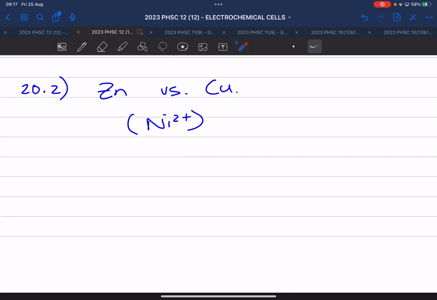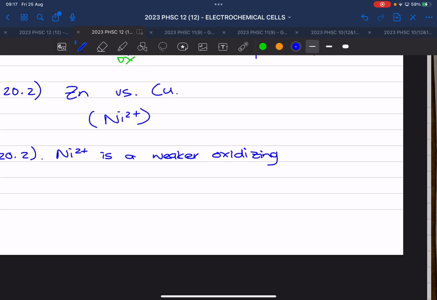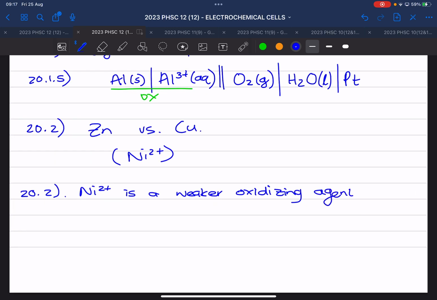Okay, so I'm going to write there 20.2. Let me just get to my paper. I'm going to say nickel ion is a weaker than copper 2 plus ions.